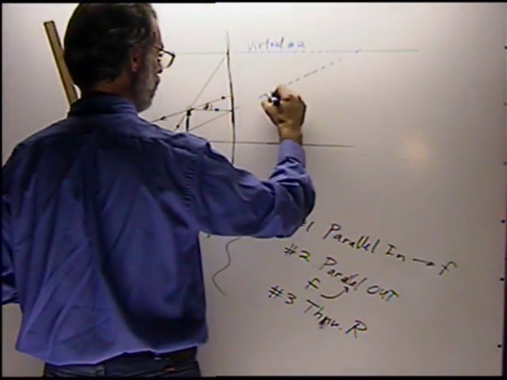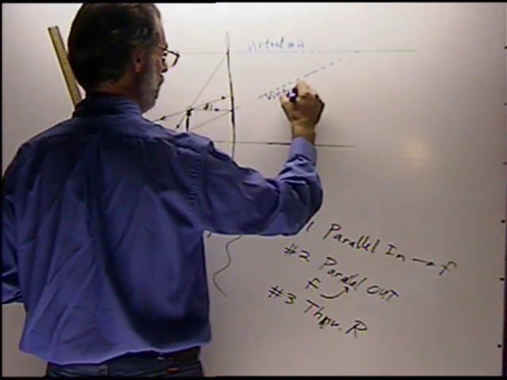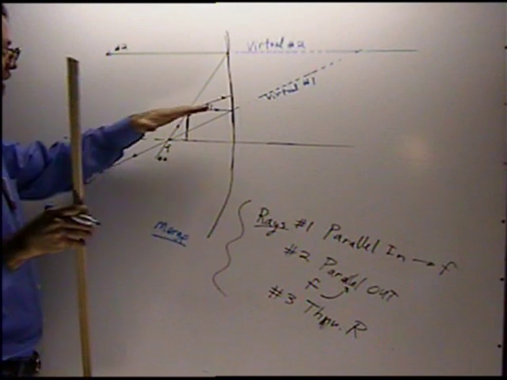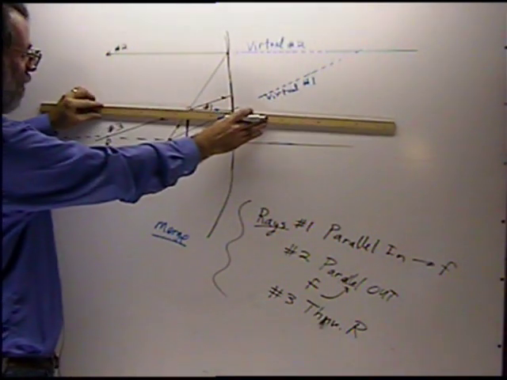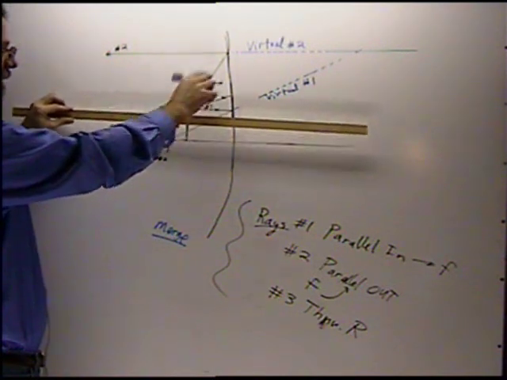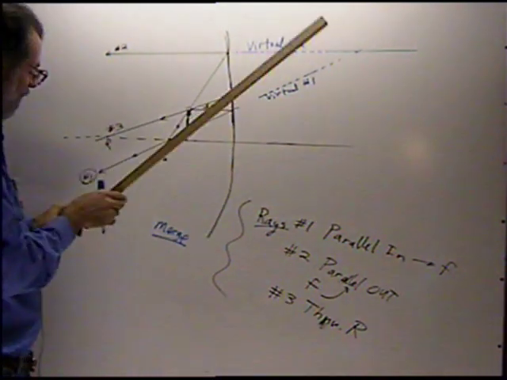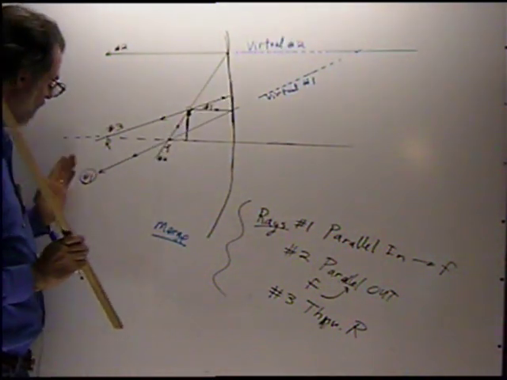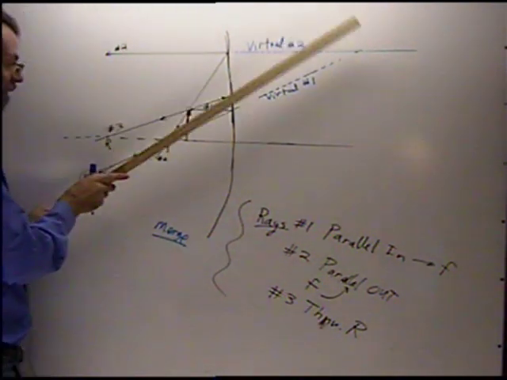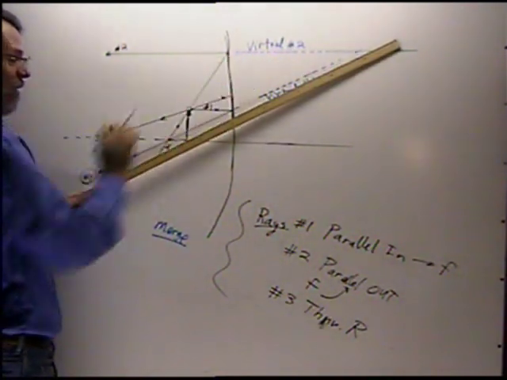So that's virtual ray number 1. Okay? Now you may say, well, what about going this way from ray number 1? Well, it's going in this way, but it's when it's coming back out. In other words, if you're right here, looking here, the ray's coming at you. It looks as if it's coming from way back here.